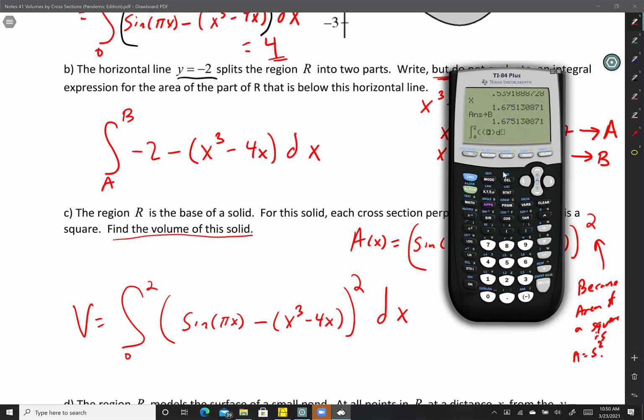Alpha trace. Enter. Don't put a square on it yet. Minus alpha trace. Go to y2. Enter. Close the parenthesis. Now put a square on it. And then put an x here. And there it is, 9.978. You can always put more digits, but do not put less.